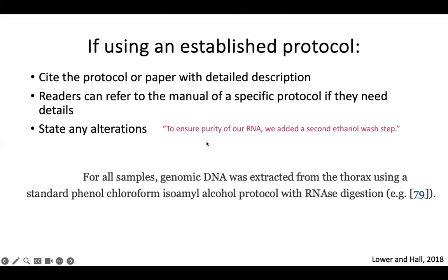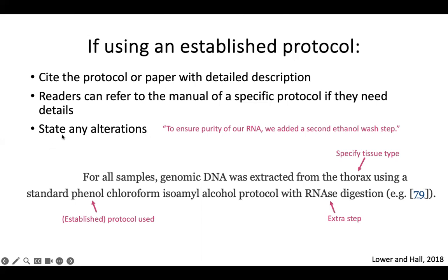All right. So this is another really good example. For all samples, genomic DNA was extracted from the thorax using a standard phenol chloroform isoamyl alcohol protocol with RNase digestion, EG79. So the EG79 is the citation there. And here, they're just basically citing an established protocol, this standard phenol chloroform isoamyl alcohol protocol.